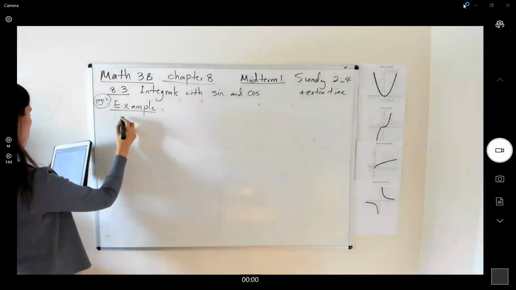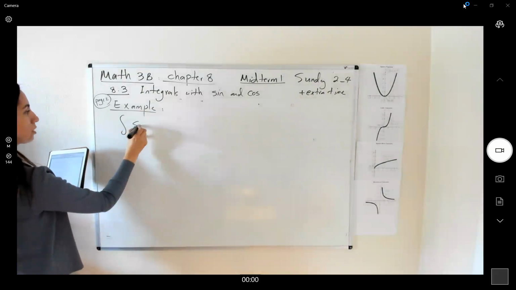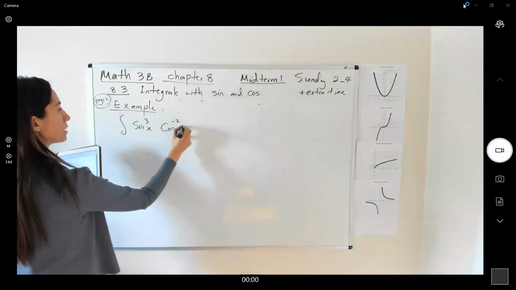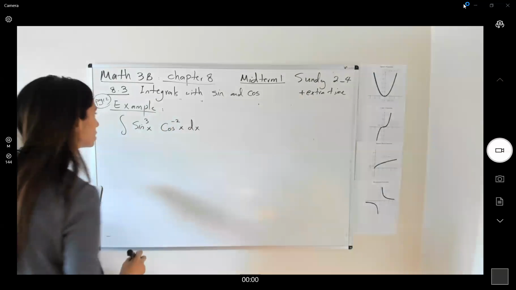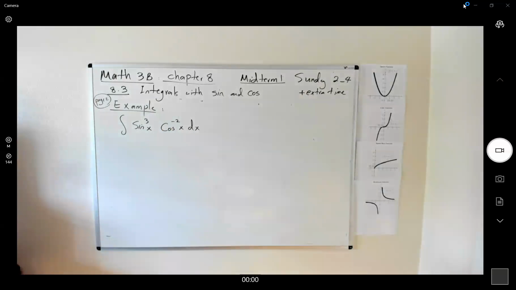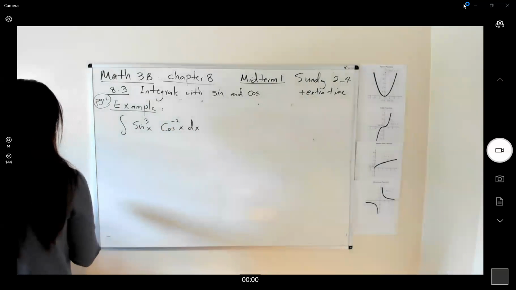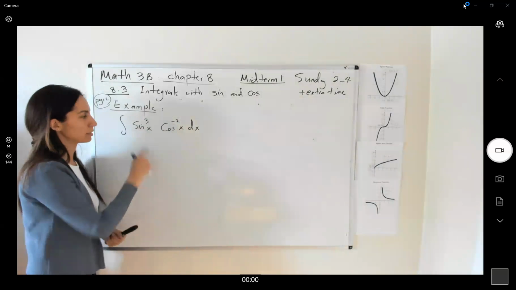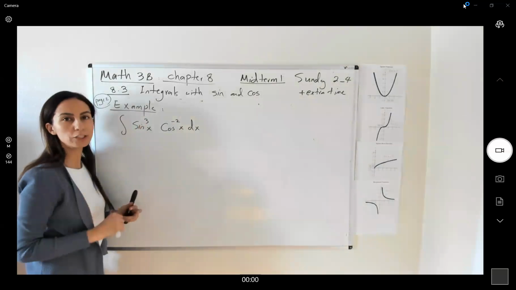Now suppose you have this integral. You have the integral of sine to the third of x times cosine to the minus 2 of x dx. Very well. Let's see. So here you have a negative exponent, and here you have sine to the third.